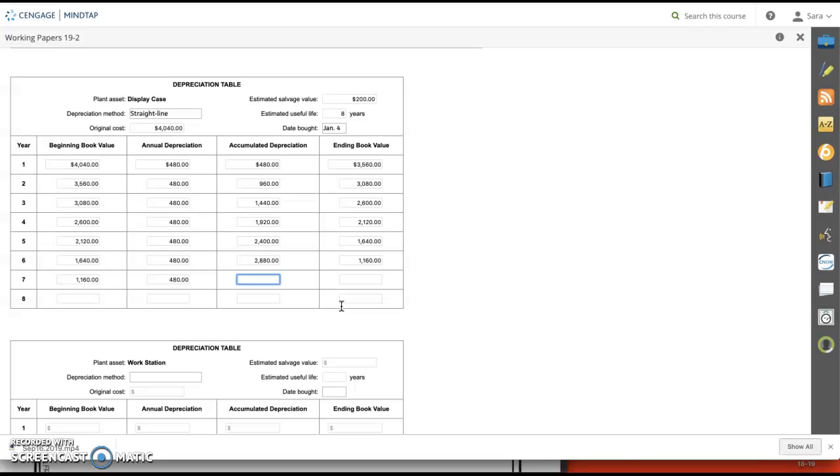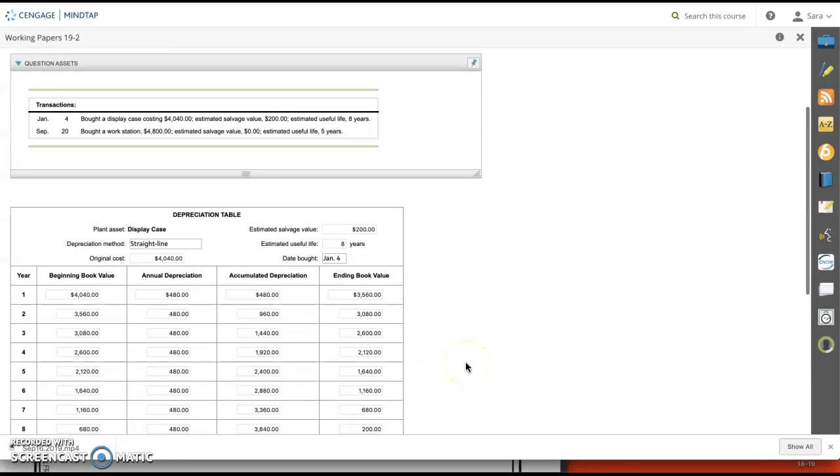Plus $480. $3,360. $680 for our ending, $480 for our annual, $3,840. And then our ending there is 200.